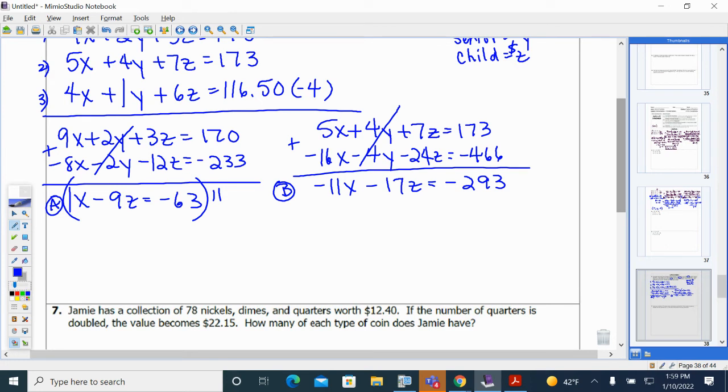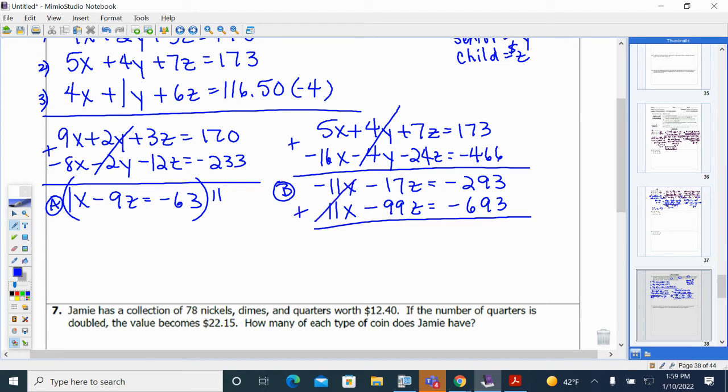Multiplying equation A by 11 and lining it up underneath equation B, I will have 11x minus 99z equals -693. And when I add, the x's are going to go away.